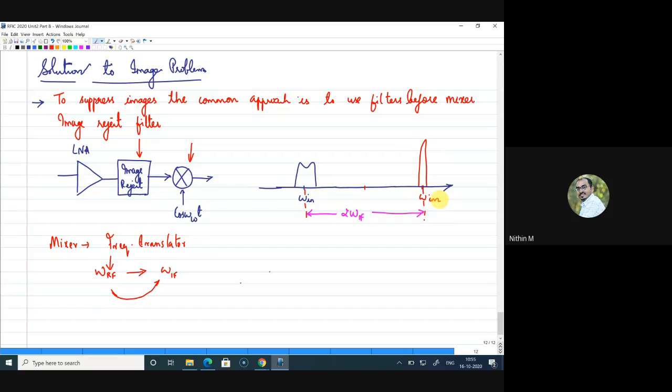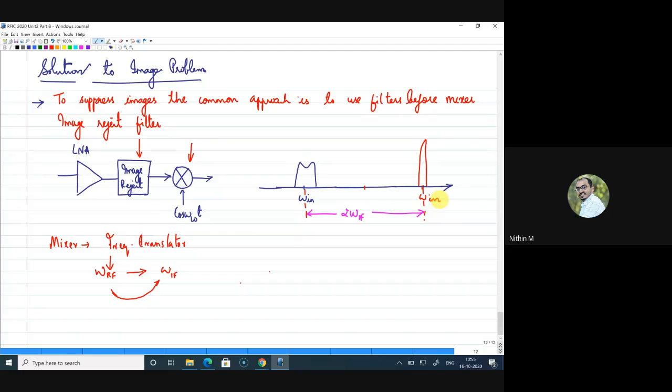Let me just finish this. I don't think we can reach the next architecture, but I'll still try to complete. All of you are coming to the solution itself. Siddharth, it is a trade-off. Increasing the value of 2 omega IF is one solution, making the difference high.